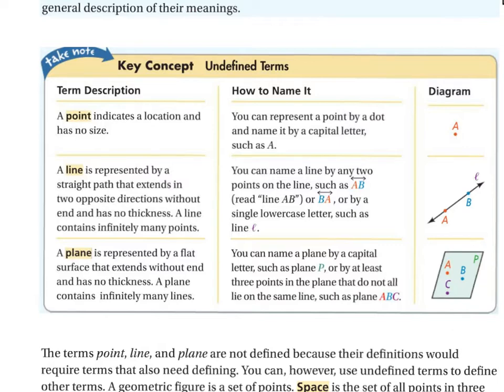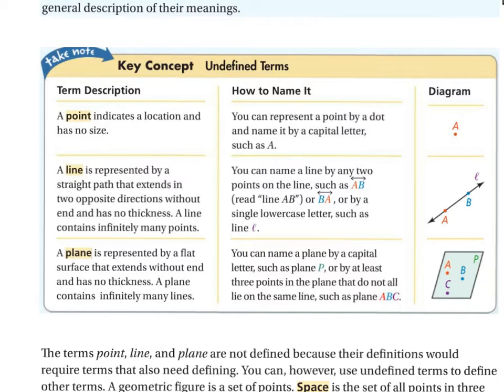A plane is a flat surface, so planes can intersect. Think of a piece of paper. It's a plane. You can pick it up, move it around. It's two-dimensional. It's flat, but you can draw an infinite amount of lines on it. Same thing with this.